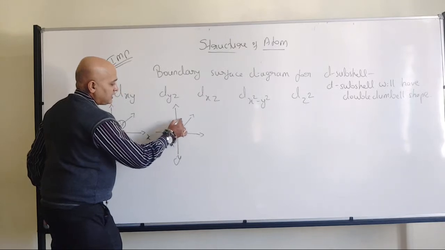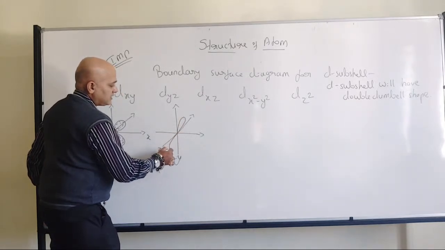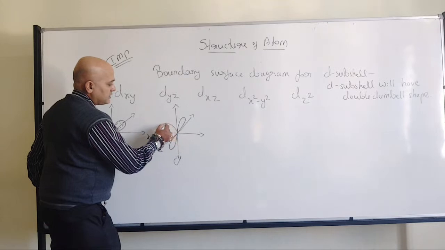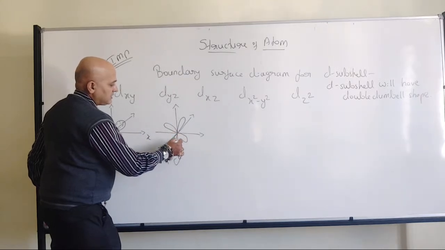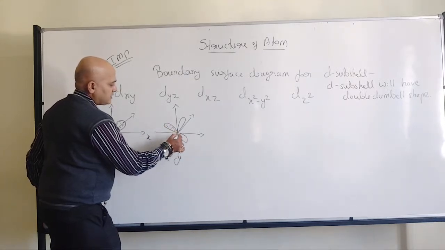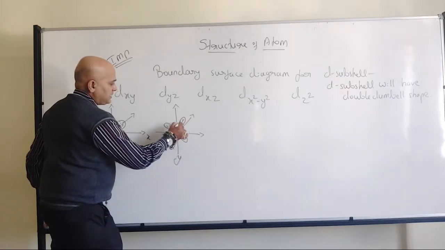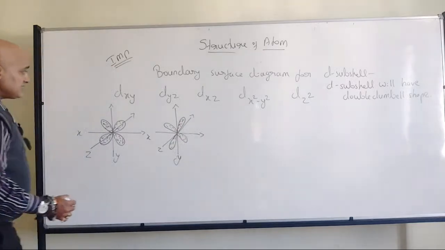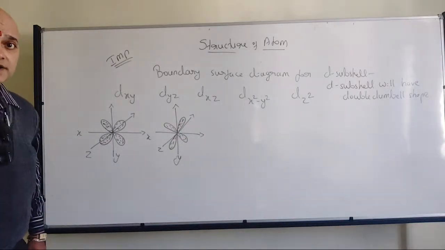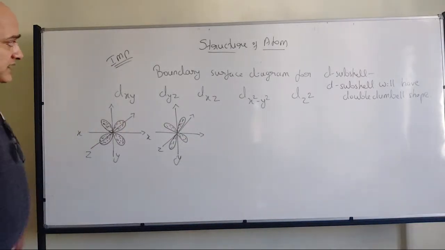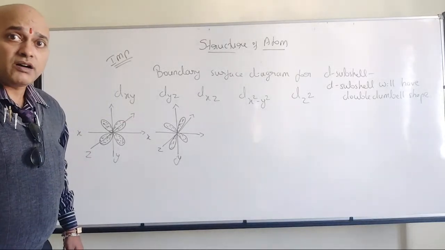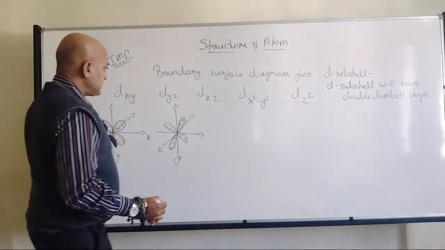So therefore, it will be present here. Then it will be present here. Right? So that's where double dumbbell shape. Okay? So dyz. It looks like shapes are similar. It looks like all are similar, but axes they are different.